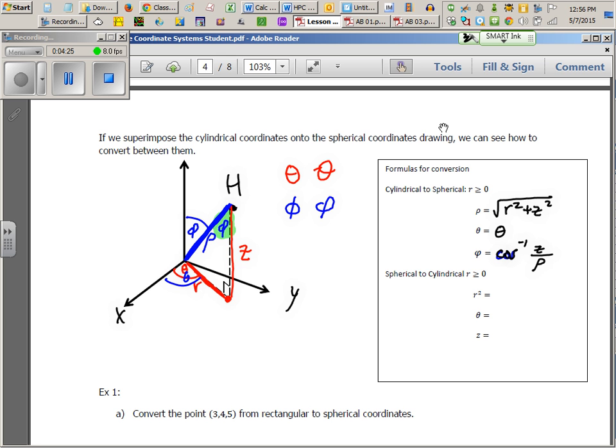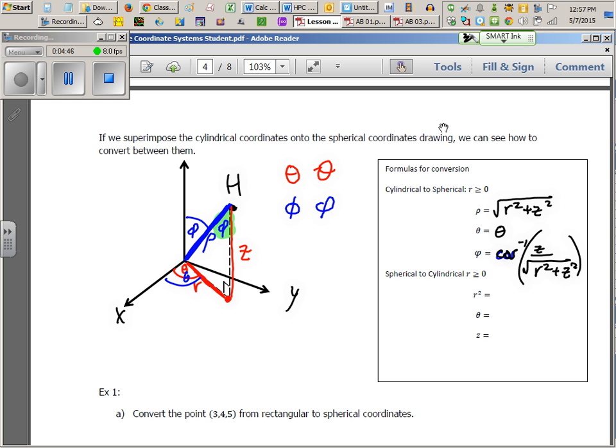But rho is the square root of r squared plus z squared, so we probably shouldn't use any spherical coordinates to find spherical coordinates. You're trying to use only r's, z's, and thetas on the right. So I just took the rho from above. Basically it's inverse cosine of z over rho, where rho is what I wrote on the first line.